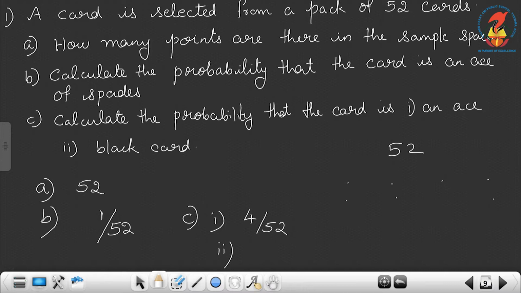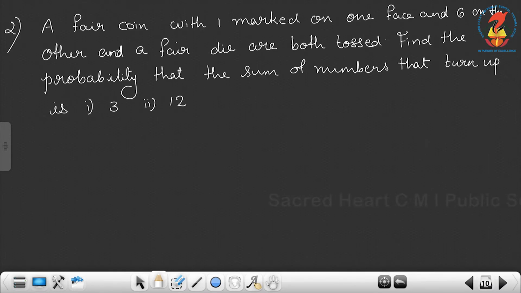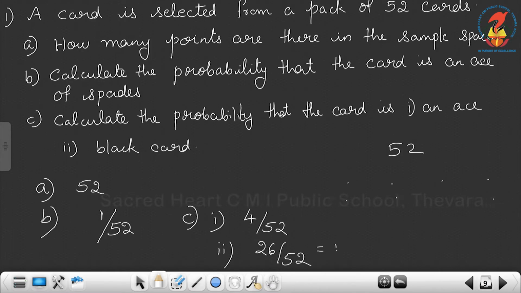How many black cards? 26 black cards are there. So 26 out of 52. 26 black and 26 red. You can simplify that. 26 by 52 is 1 by 2. Here it is 1 by 2 and this one is 1 out of 13.